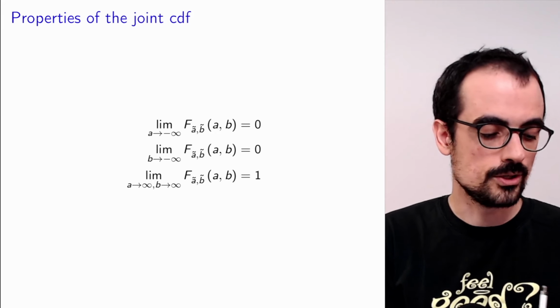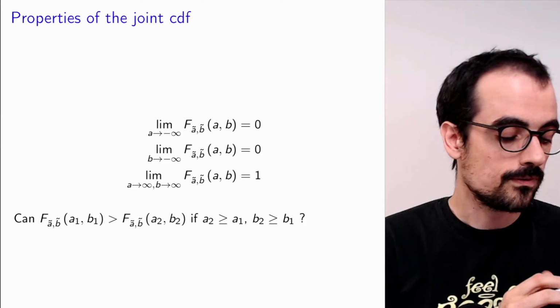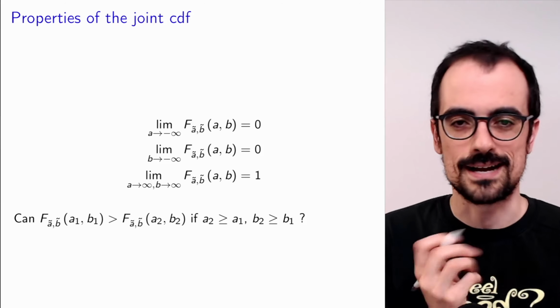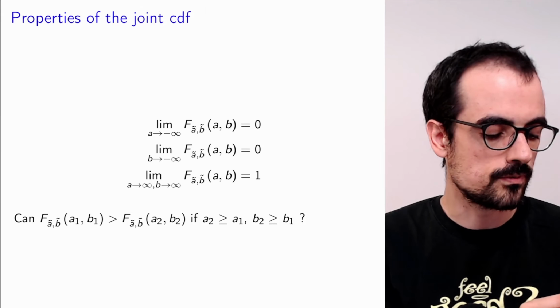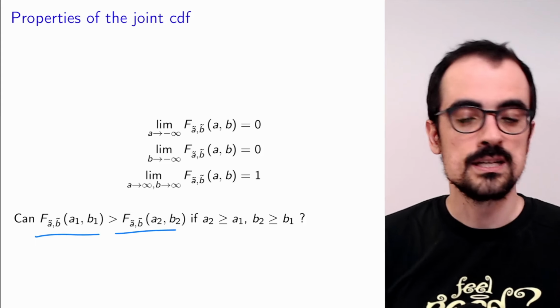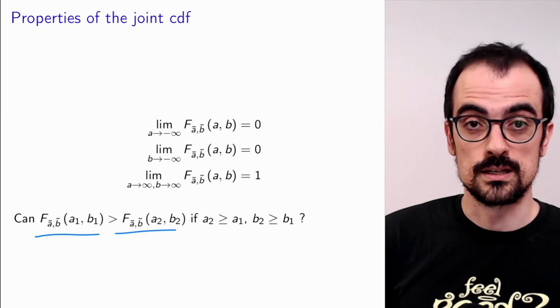And now you can also think, is it possible for the joint CDF at A1, B1 to be larger than at A2, B2 when A2 is greater than A1 and B2 is greater than B1?